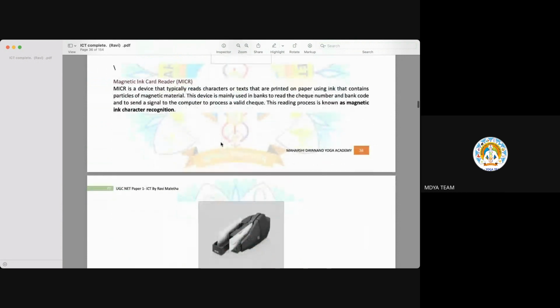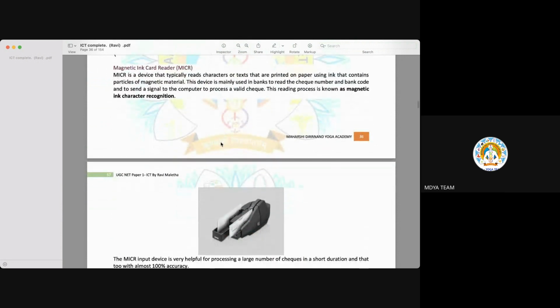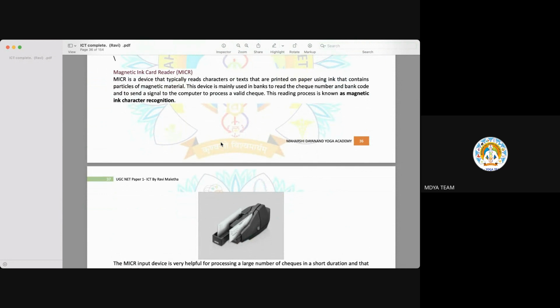Then MICR. MICR is magnetic ink character recognition. This device reads the characters or text that are printed on paper, whatever text is written using ink which contains magnetic material.